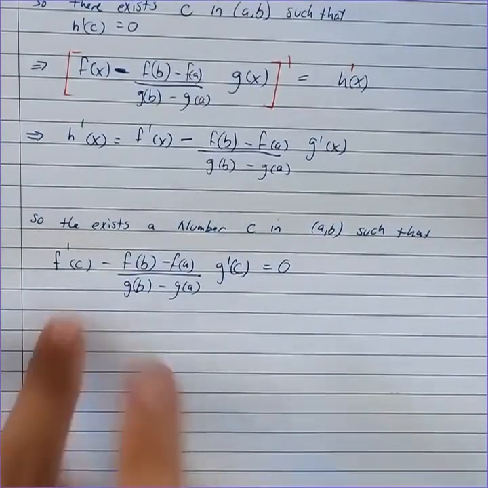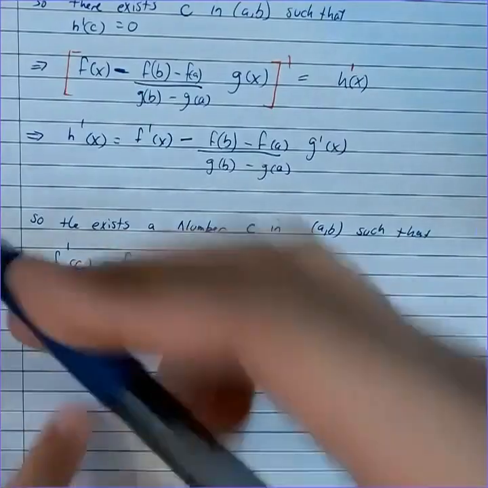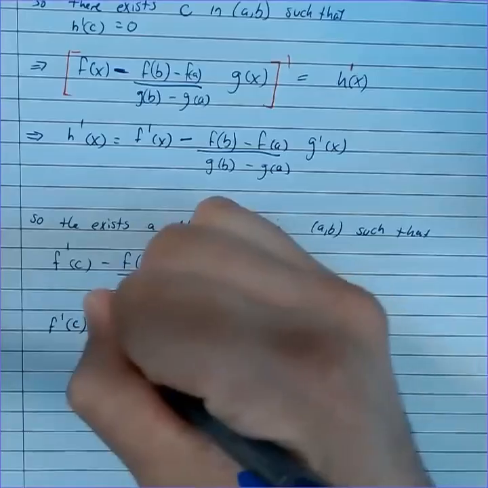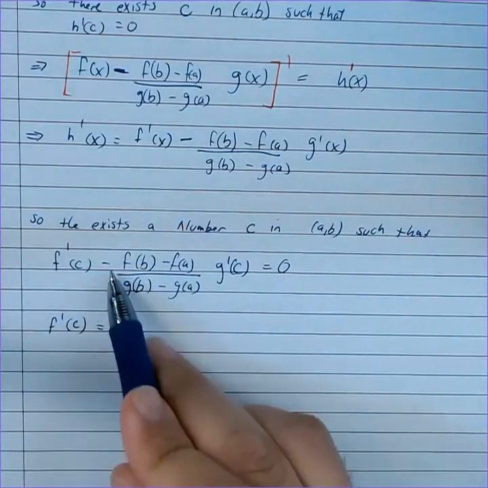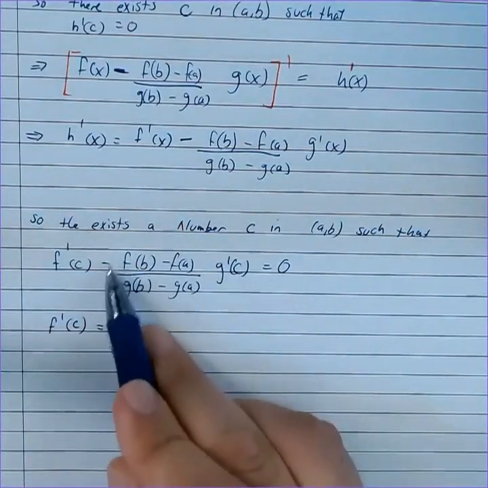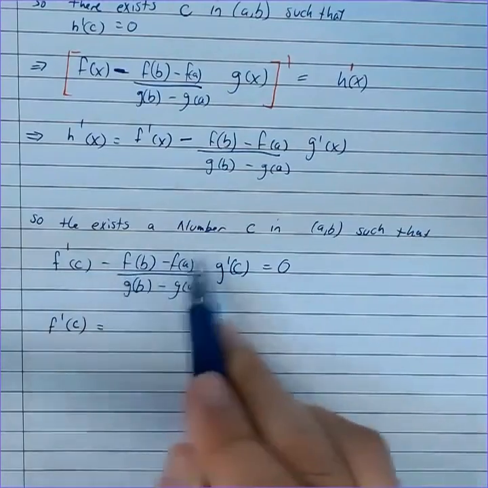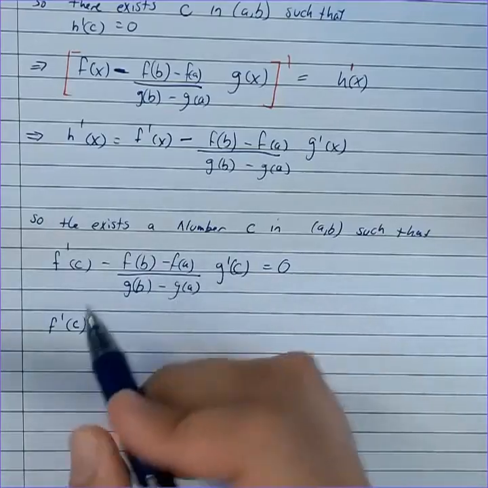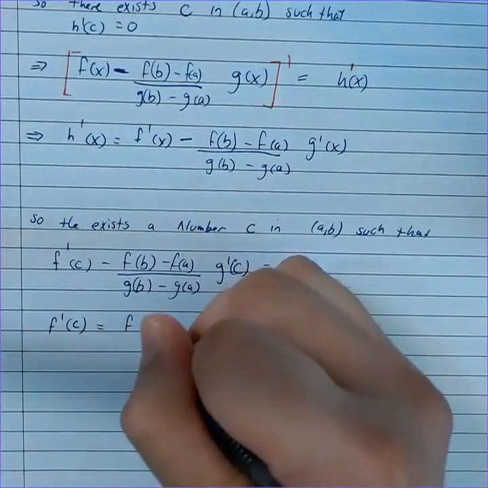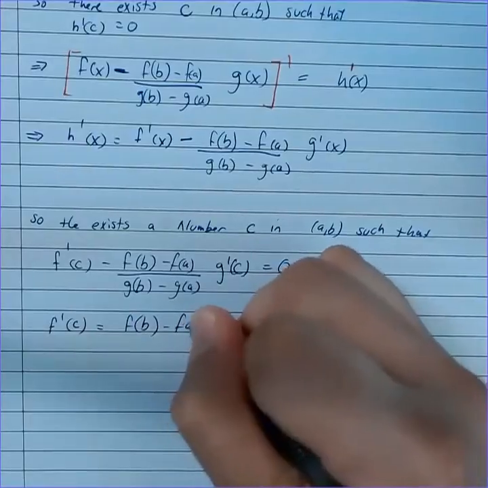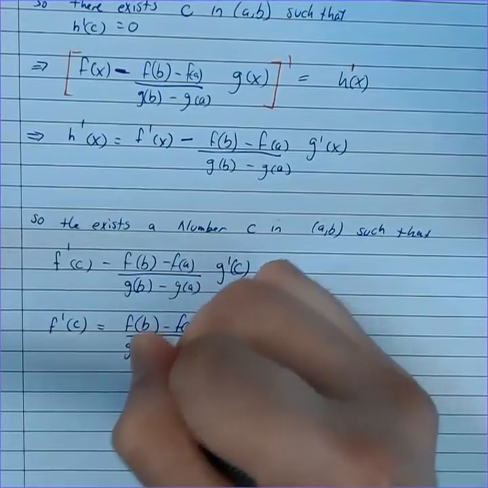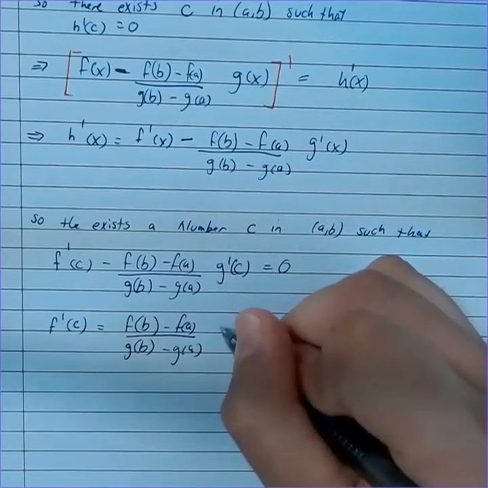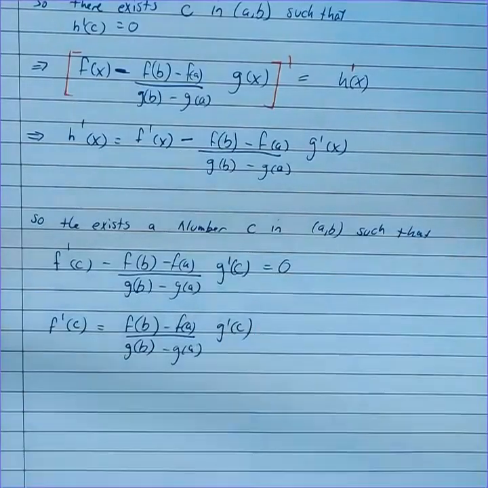So now we're almost done. Here, let me add this to both sides of the equation. If that's h prime of c is equal to 0, if I add this to both sides, well, positive and negative are going to subtract away. That's going to be 0. And here, 0 plus that is just going to give me that. So moving that over, that's going to give me f at b minus f at a over g at b minus g at a times g prime of c.